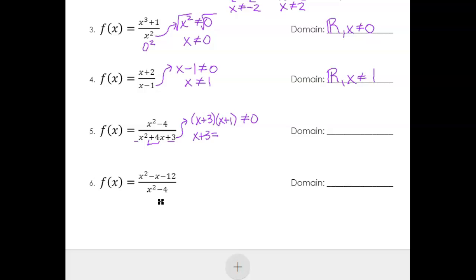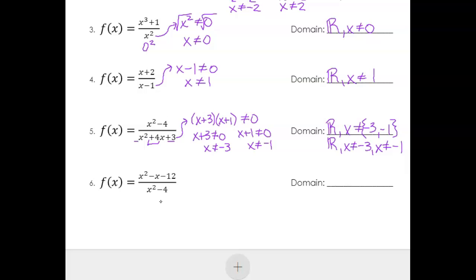If x plus 3 cannot be 0, then x can't be negative 3. If x plus 1 cannot be 0, then x can't be negative 1. So my domain of this function is all real numbers, except x cannot be equal to negative 3 or negative 1. You could also write this out as x cannot equal negative 3 and x cannot equal negative 1. You could write them separately, and that's okay.